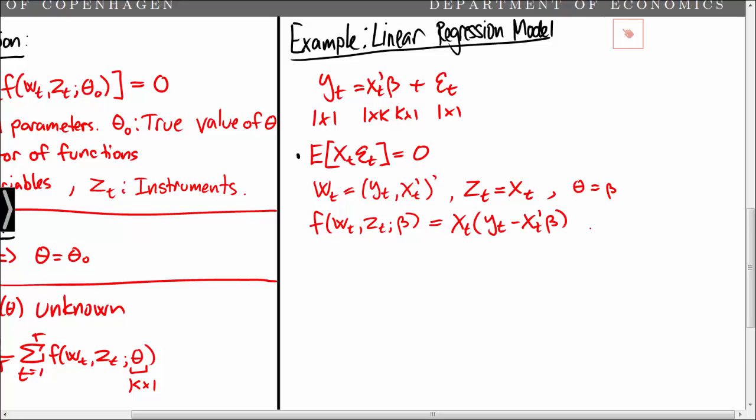We note here that if we evaluate f in beta 0, the true parameter vector, then we get xt times epsilon t. In this case, we have k equal to r, meaning that we have k parameters and r moments, meaning that we have exact identification.